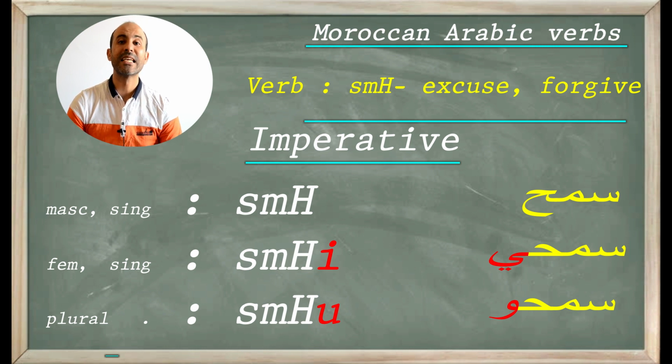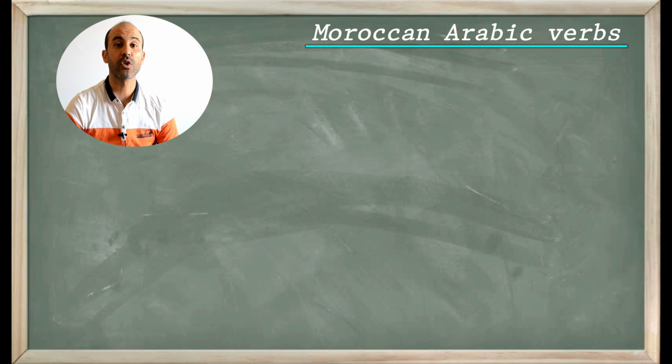Great. سمحي. ح is here. سمحي. And the group, when you're talking to a group of people, is سمحو.